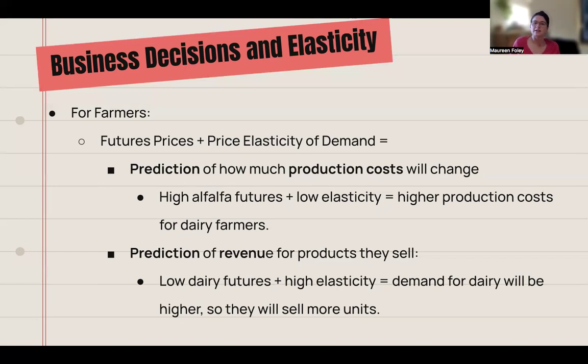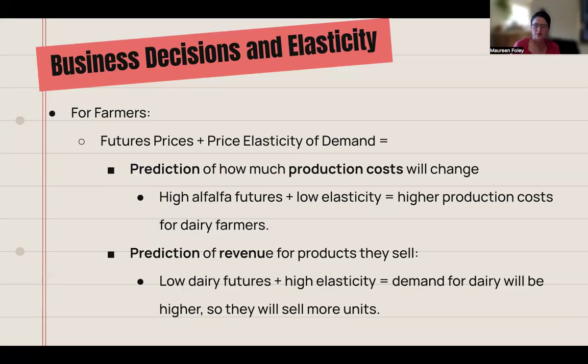Dairy farmers often feed their cows a lot of alfalfa because it's a very protein-rich diet. It has a lot of the other nutrients that you need to produce good milk. So it's really valuable for dairy farmers.